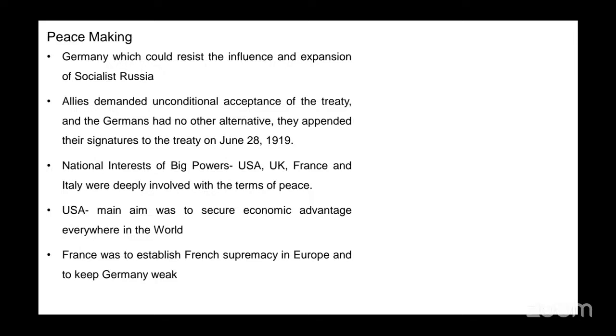So that's why this was the sole interest of powers like the UK, USA, and France, and Italy was also deeply involved with the peace terms. They particularly wanted Germany to surrender. They did not give it any alternative.